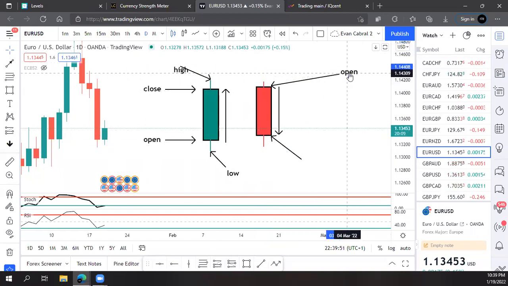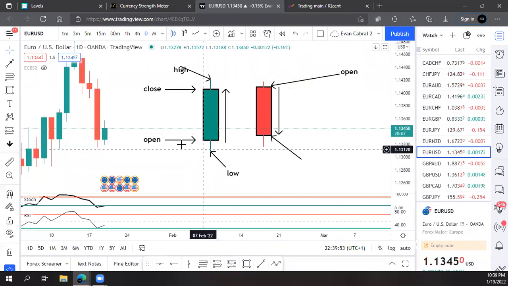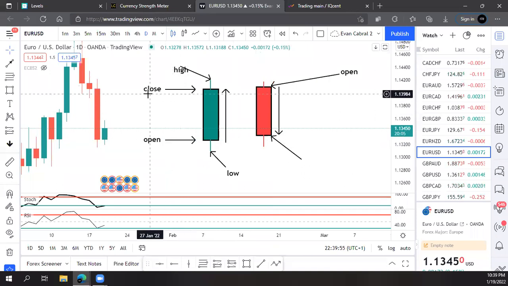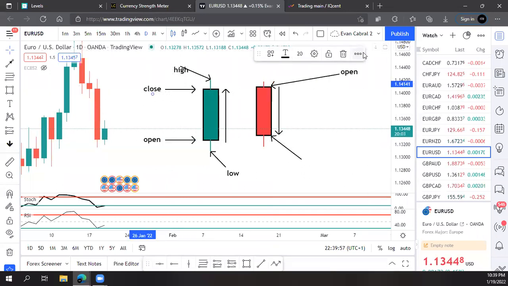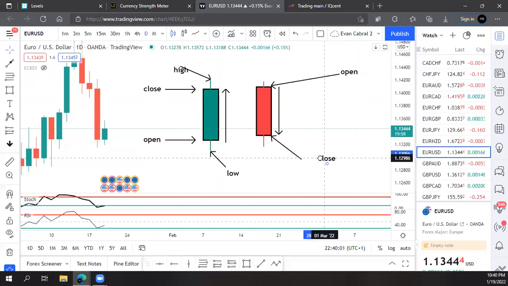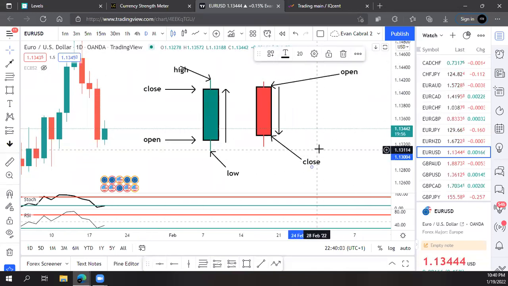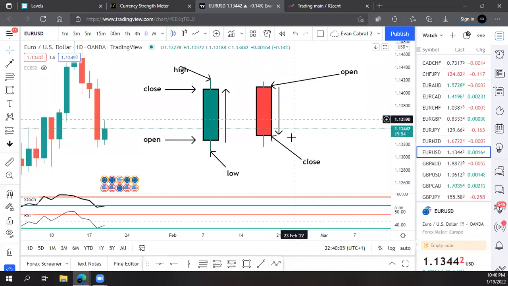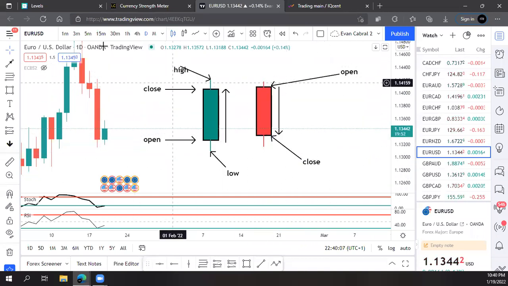So we have the open here, then we have the close. I'm just going to do this, then we'll go straight into marking up. Then I'll show you guys how to identify the best entries real quick.